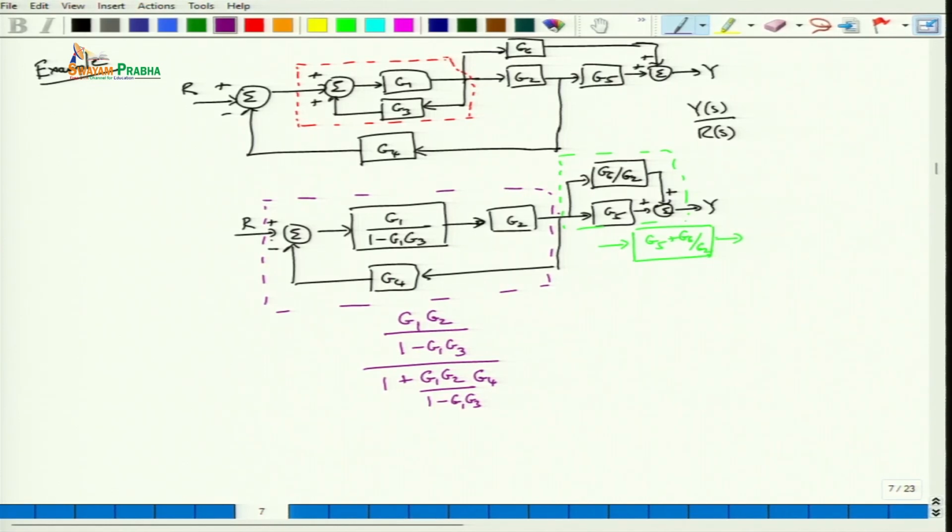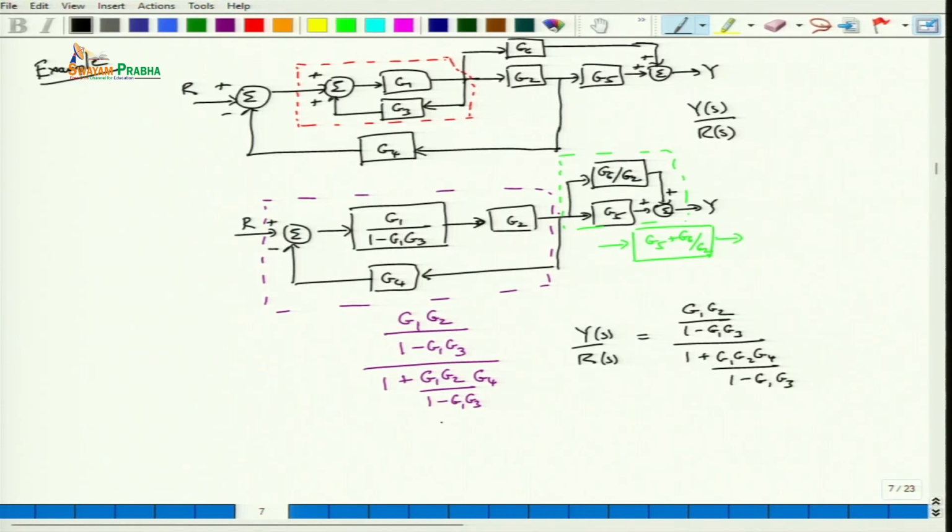Once we get that, if we want to find the transfer function between Y and R, we just multiply these two parts. So we can get Y by R as basically G1 G2 by 1 minus G1 G3, divided by 1 plus G1 G2 G4 by 1 minus G1 into G3.